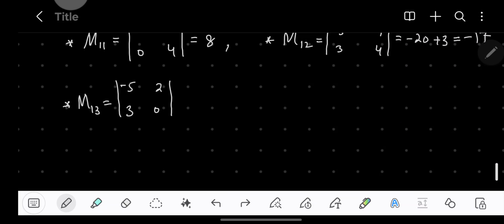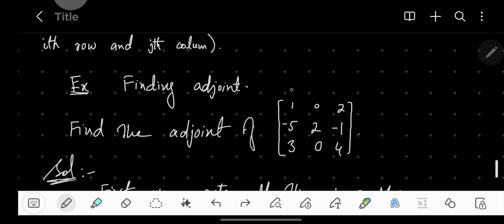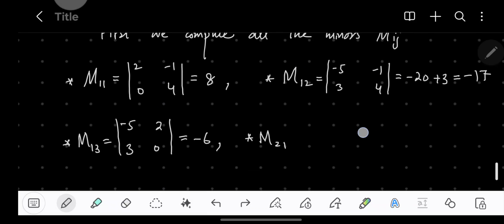I have written that submatrix, and if we calculate its determinant, we get -6. So this is M11, M12, M13, and this is M21, M22, M23, and this is M31, M32, M33. We will find all of these minors.